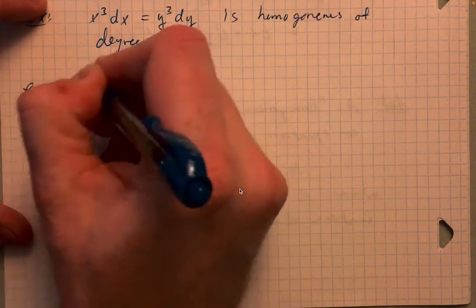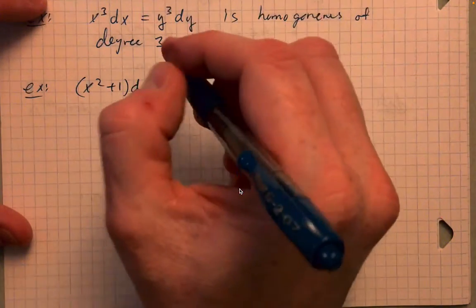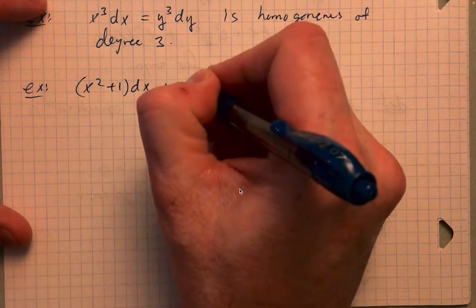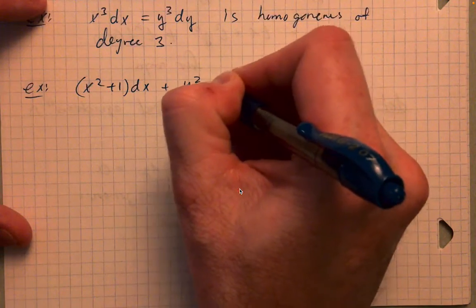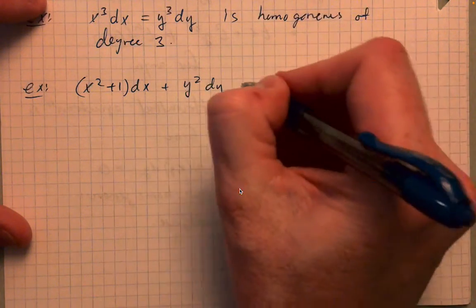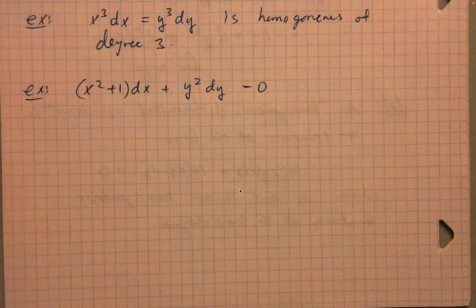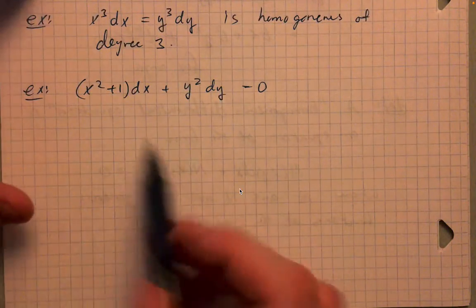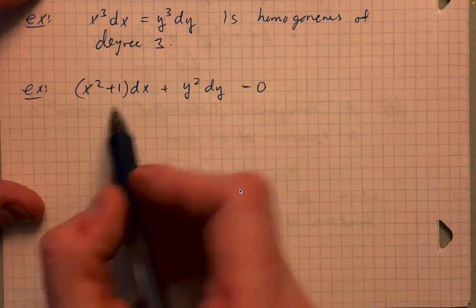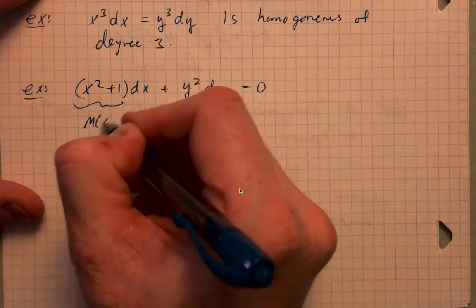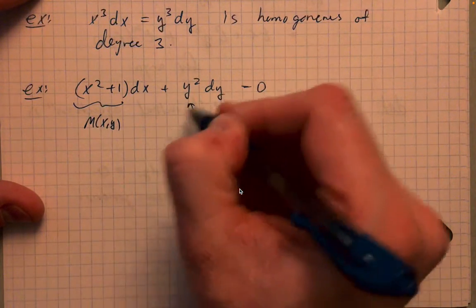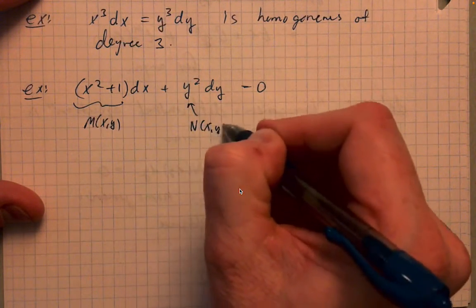What about this example? x squared plus 1 times dx plus y squared dy equals 0. Okay, so let's see. Is this a homogeneous differential equation? Well, let's call this our m of xy and this our n of xy.